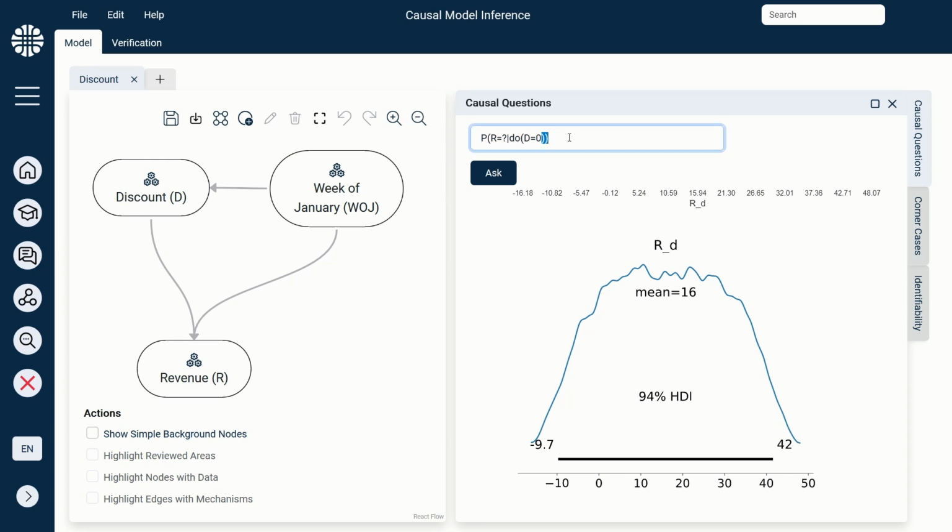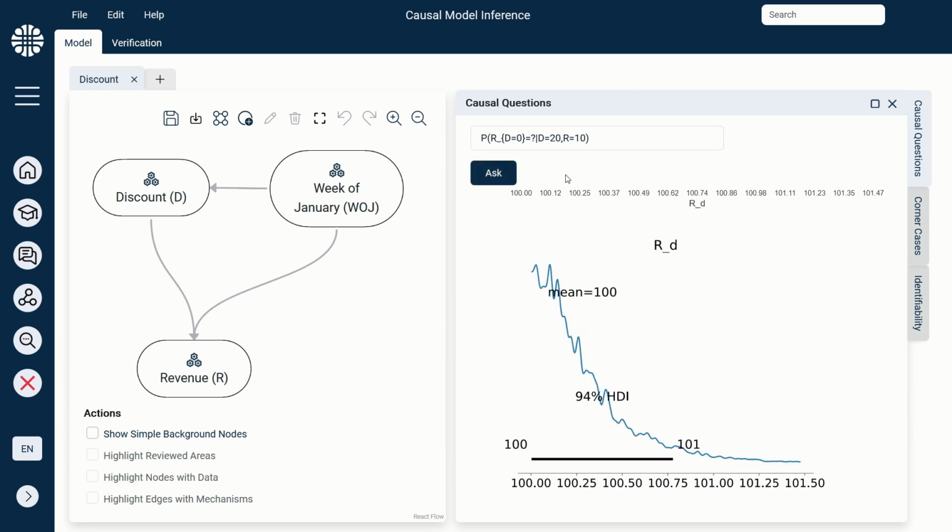To make Whyond answer this question, we type P left parentheses R underscore left curly brace D equals 0 right curly brace equals question mark, vertical bar, D equals 20, comma, R equals 10, right parentheses. And here we go. The revenue would have been higher.